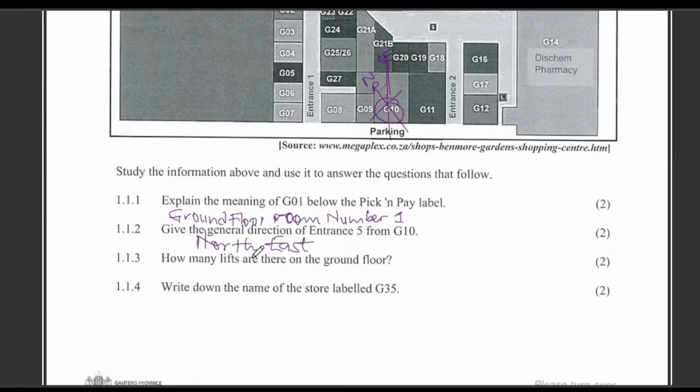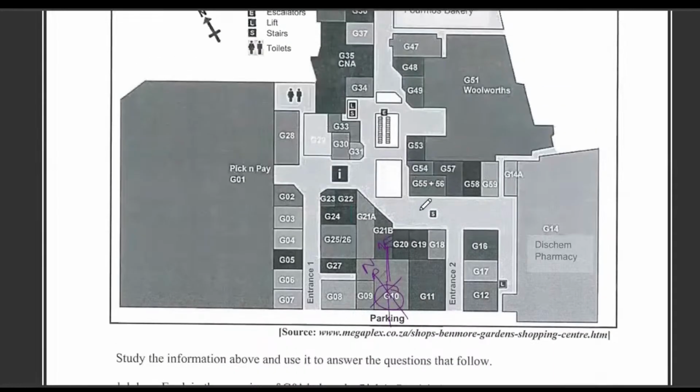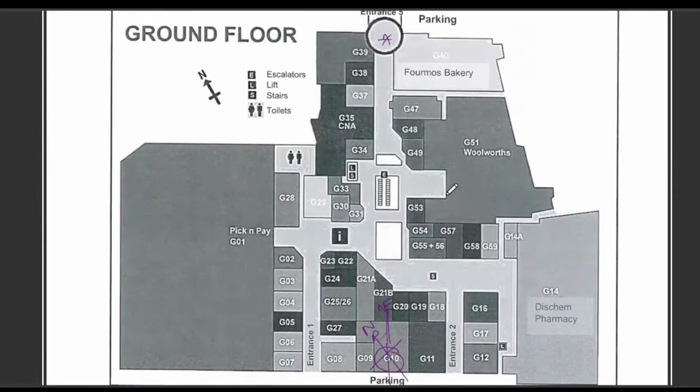How many lifts are there on the ground floor? Now, how do we know that this is a lift? We look for the L. Lift L. So we have 1, then we have another one here, 2, and I believe those are the ones.